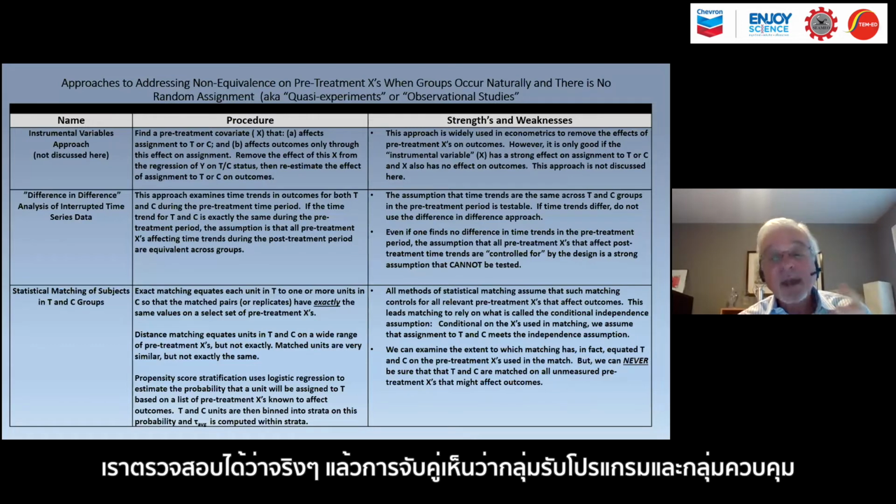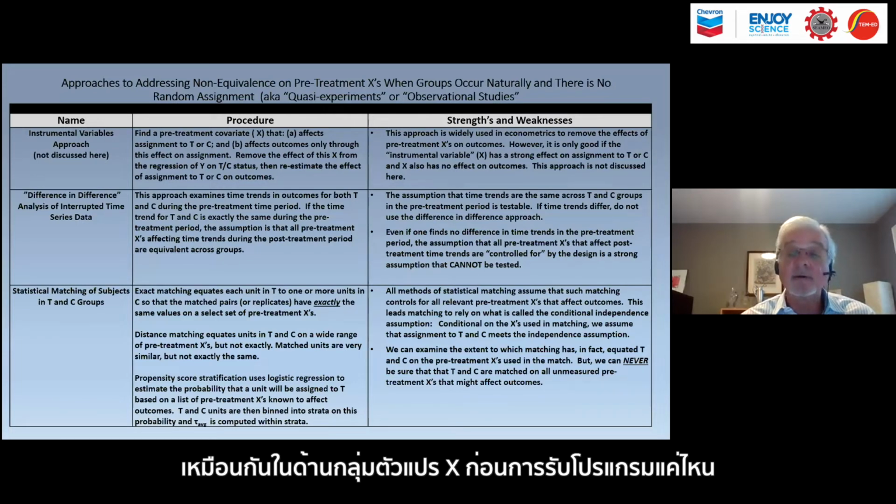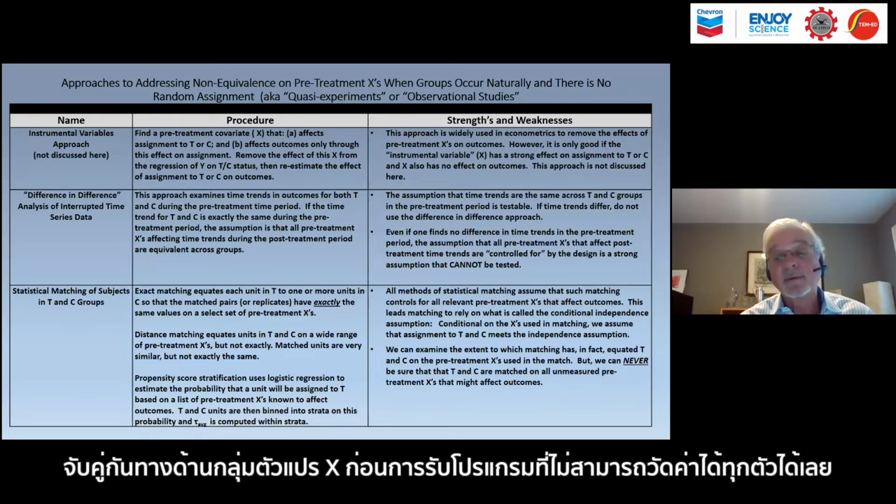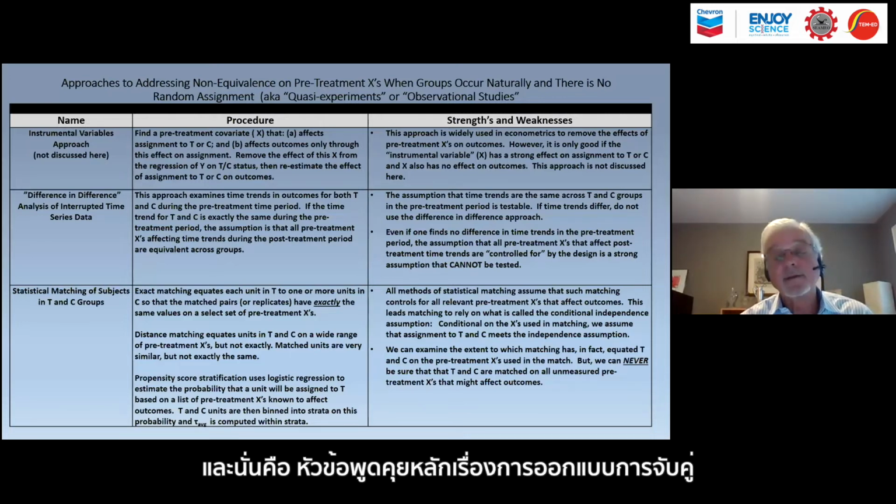Now, we can examine the extent to which matching has in fact equated the treatment and control groups on pre-treatment X's, but we actually can never be sure that treatment and control groups are matched on all unmeasured pre-treatment covariates, and that's the main flaw with the matching design.